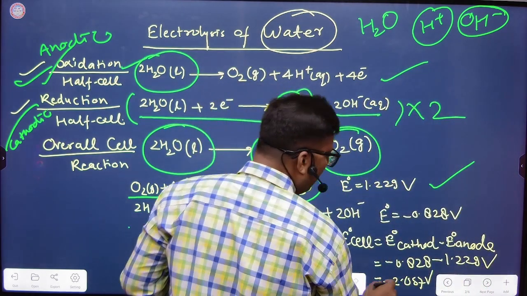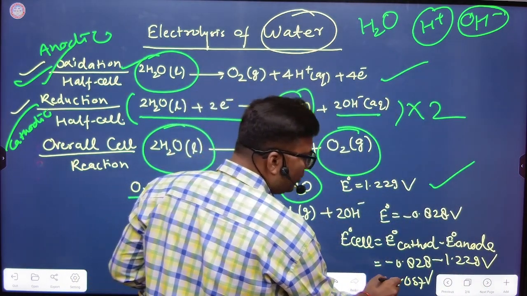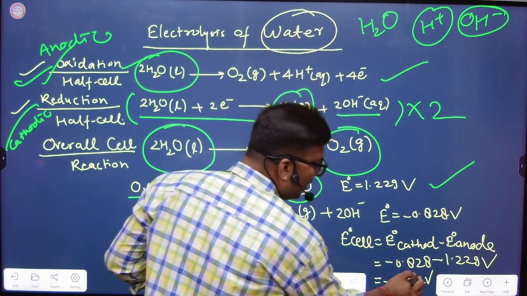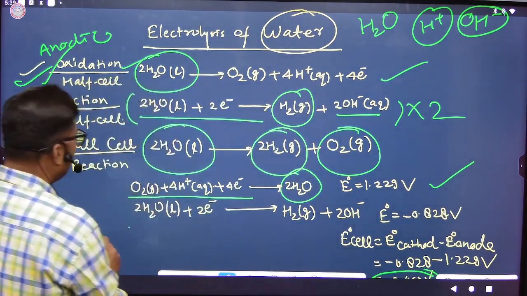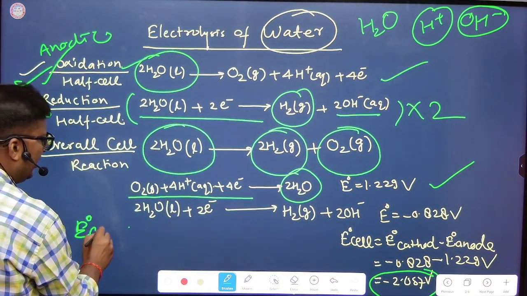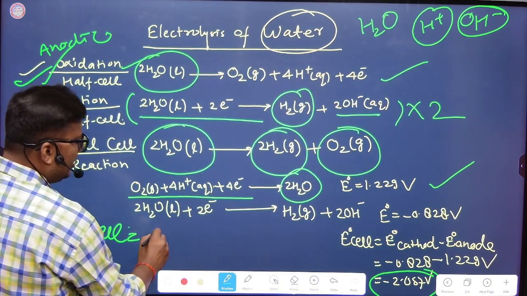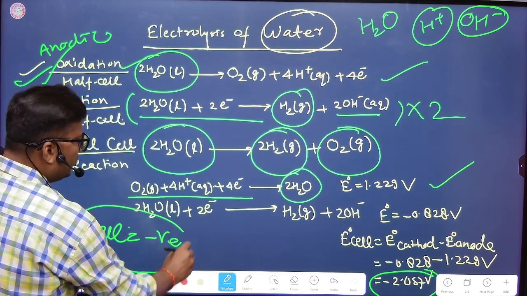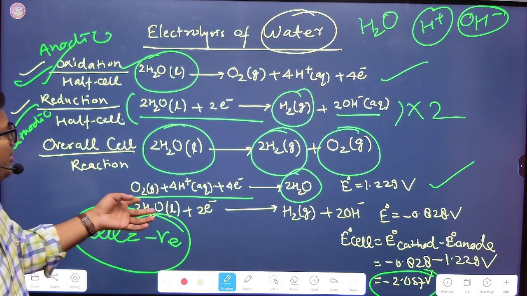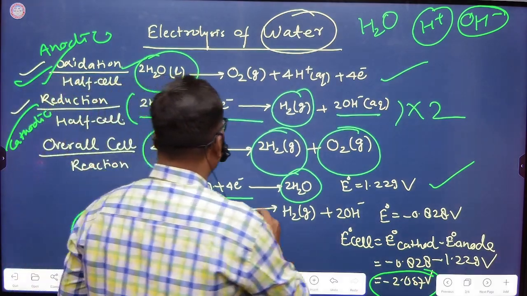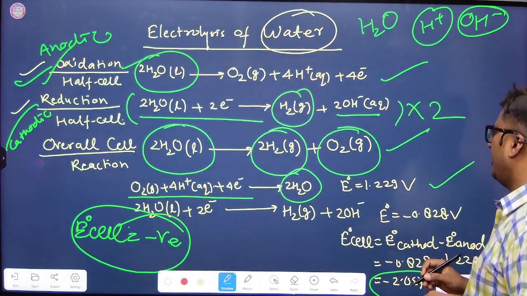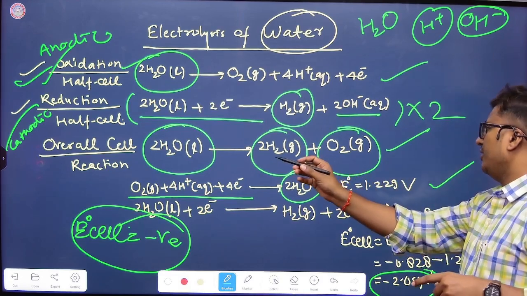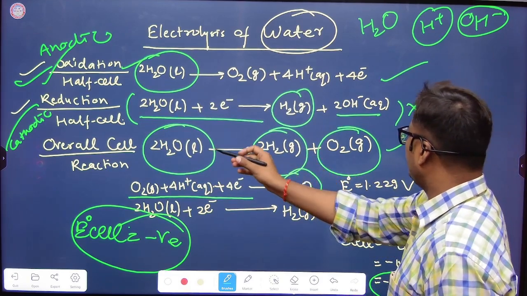Overall the difference is minus 2.057 volt, right? Because E cell is a negative quantity, it means such reactions are thermodynamically unfavorable, right? So they don't occur spontaneously.